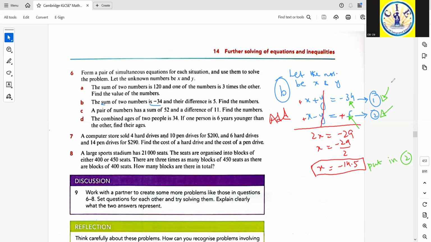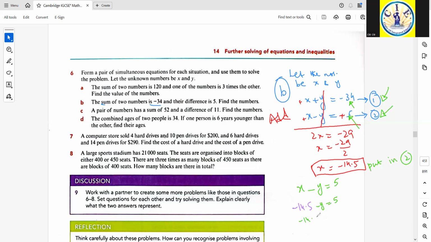So that makes it easy for me to solve it. So x minus y is equal to 5. At the value of x, I'm going to replace its value, negative 14.5 minus y is equal to 5.